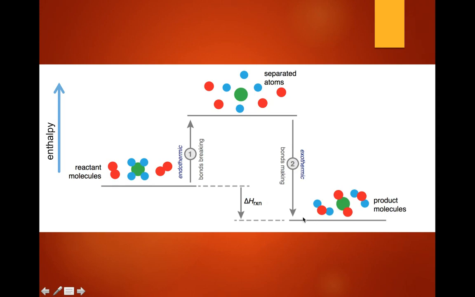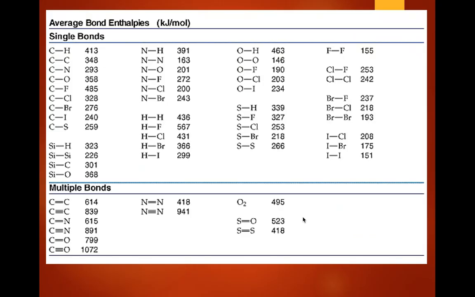As we see, we go lower. Our enthalpy is less than what we started out with, right? So overall, this reaction is exothermic because we fell lower on the enthalpy scale overall. So delta H for this reaction is exothermic. Okay.